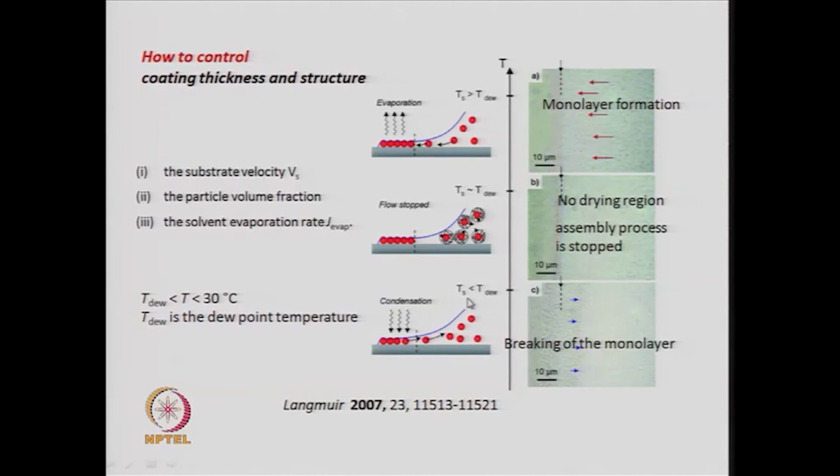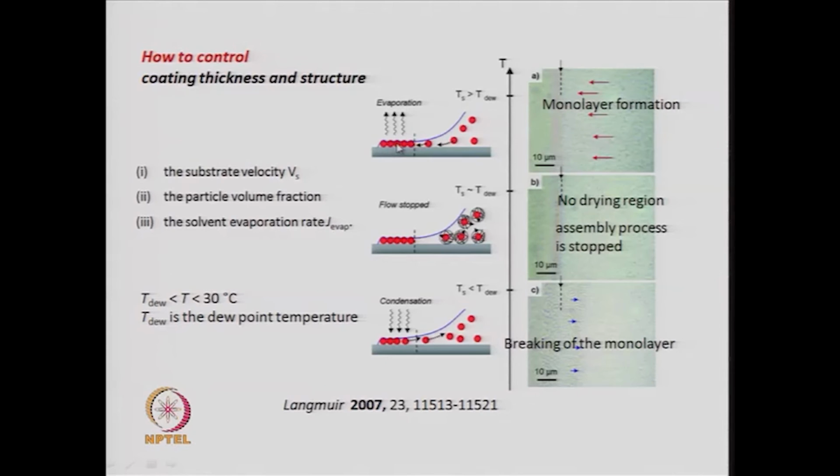And when the temperature of the substrate is low, then you start having condensation, that means the solvent comes back and whatever layer was formed, this layer starts breaking up and these nanoparticles start getting into solution. So, you see whatever film was formed, now the film has started breaking and you have particle movement towards the solvent direction.